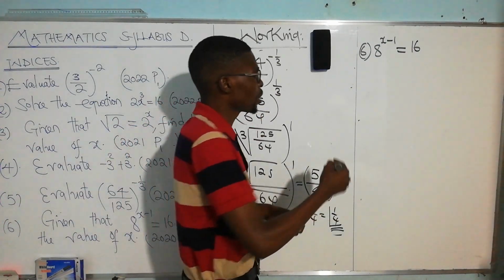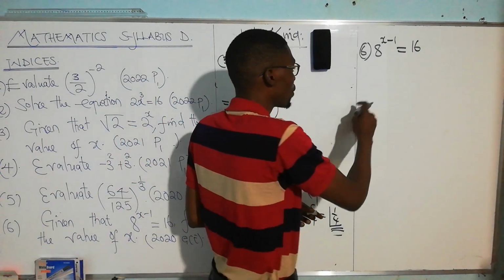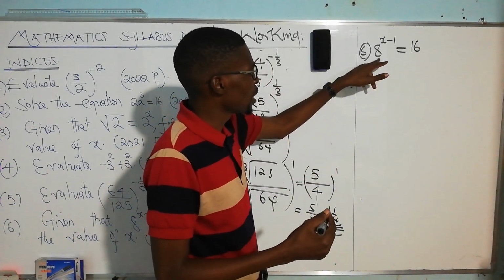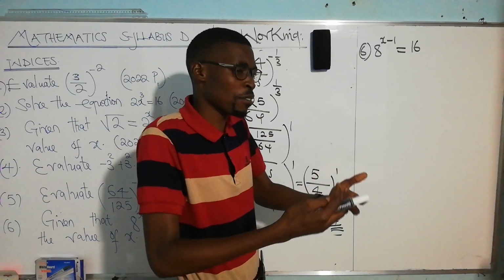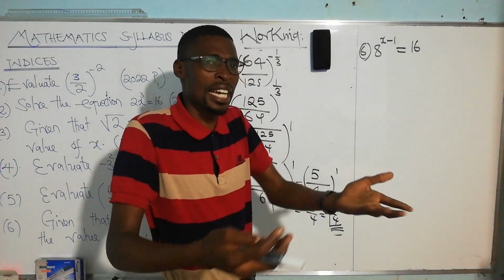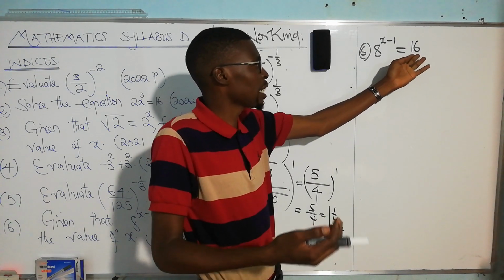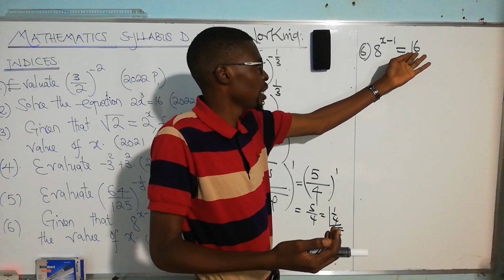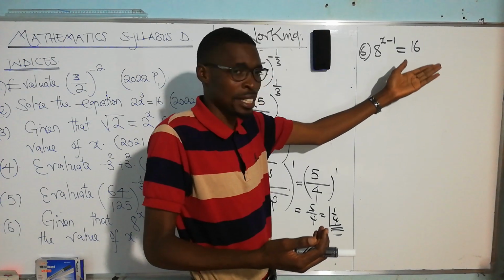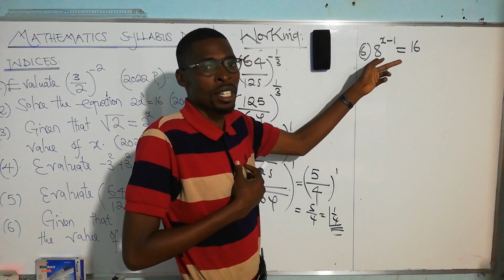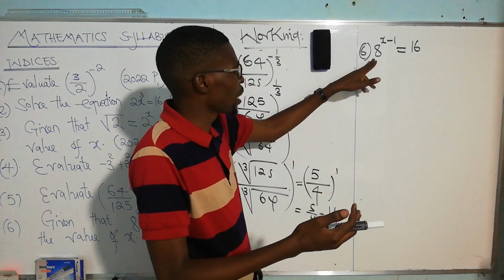So the common base here cannot also be a 4. It can't be a 4 because you can't multiply 4 by itself any times to get 8. Yeah, you can multiply 4 two times by itself and you get 16, but you won't do that to get 8. It is the same reason why we can't use 8.